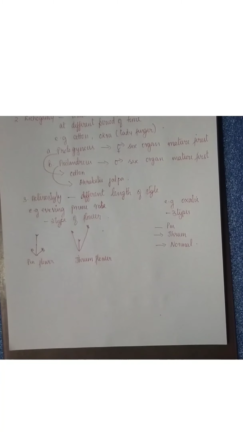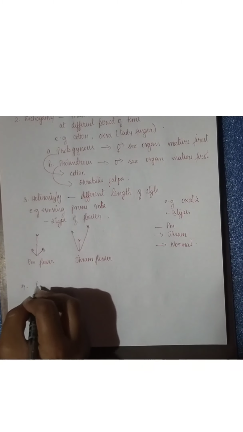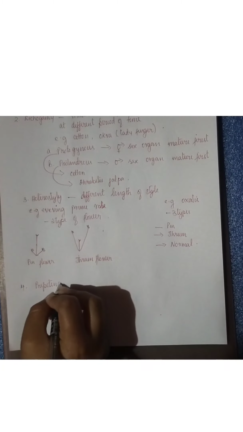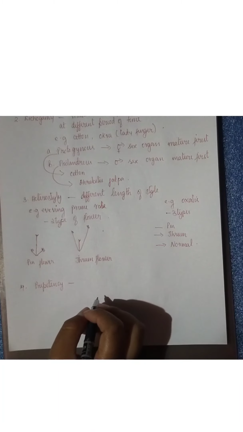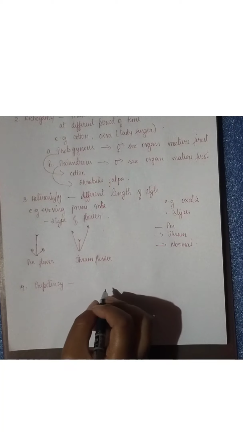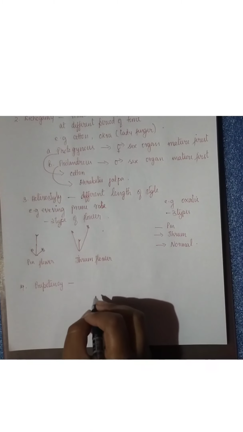The next character is known as pre-potency. Pre-potency is when the gynoecium of a flower prefers the pollen of another flower first over the pollen from its own anther.